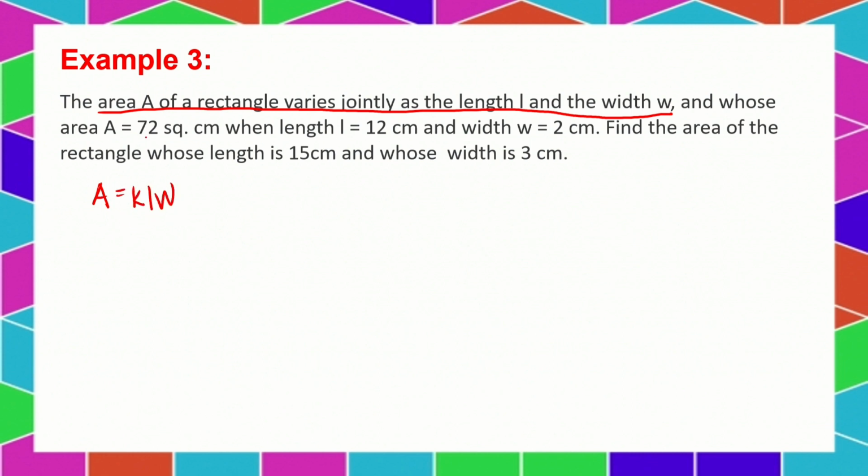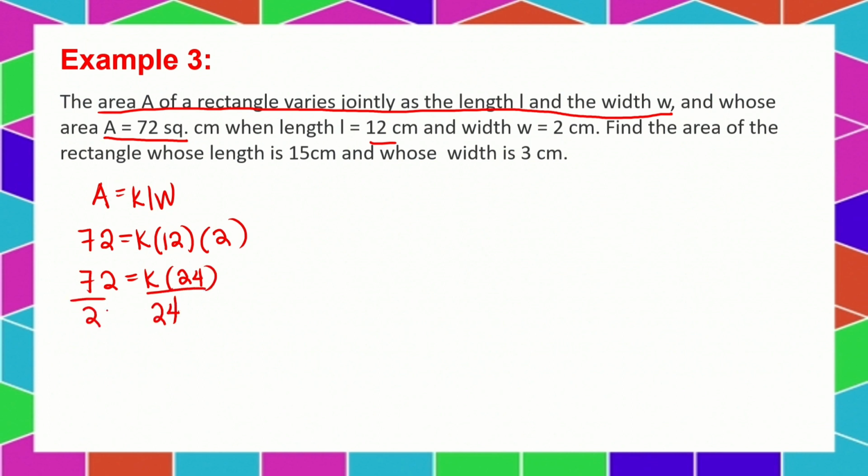Next, we solve for K given these values. Area is 72 is equal to K times our length, which is 12, times the width, 2. So we simplify this part. We have 72 is equal to K times 2 times 12, that is 24. Divide both sides of the equation by 24.